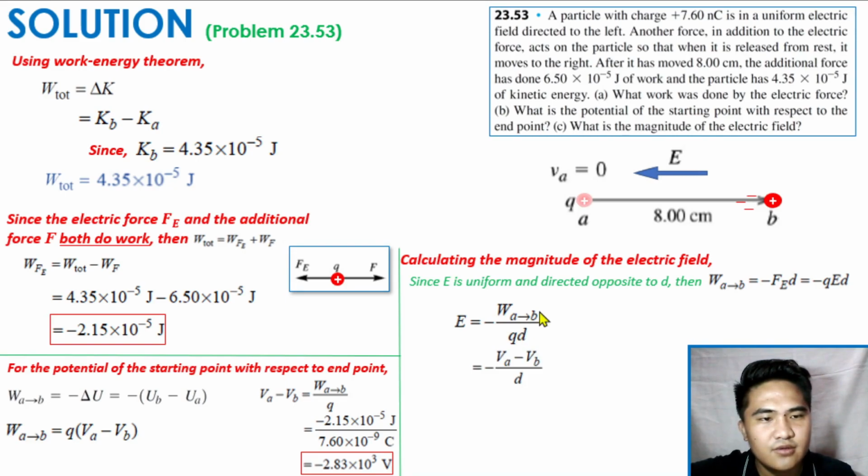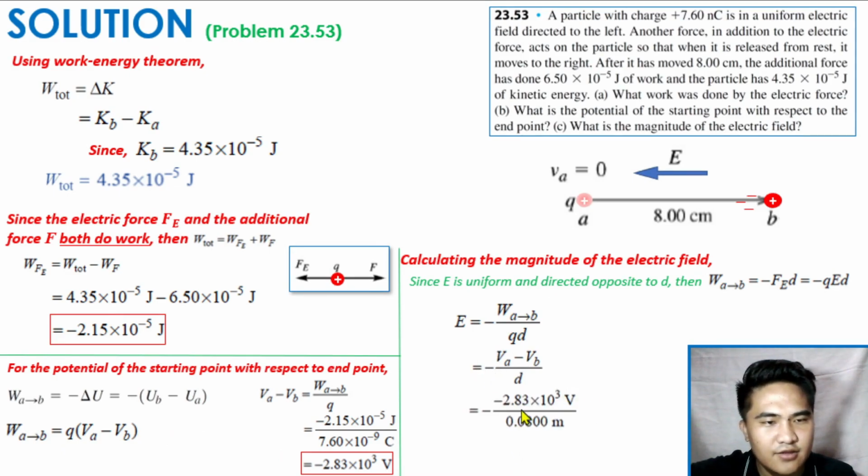Substituting the values, the work from A to B is equal to q times V_A minus V_B. And the q will be cancelled when we substitute this value, leaving us potential A minus potential B over d, and it is negative.